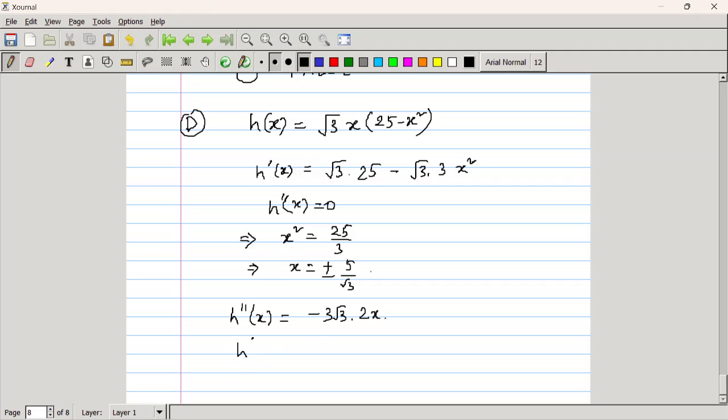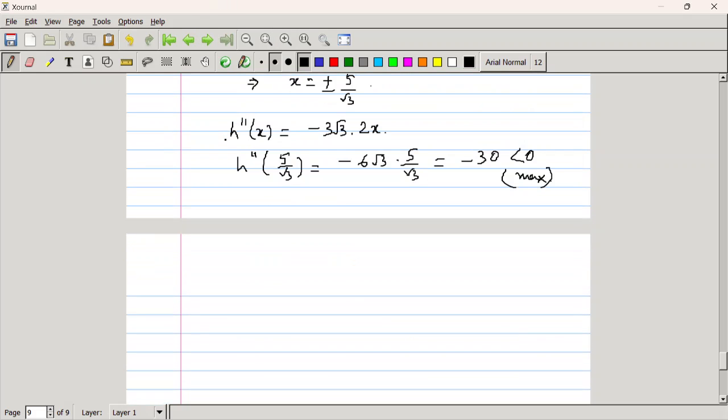So h double prime at plus 5 by root 3 gives me minus 6 root 3 into 5 by root 3, that is minus 30. So that gives you negative, that means maximum. So I will consider only the 5 by root 3 part. Now I will find the value of h at 5 by root 3 and see if it gives 25 or not. If it is greater than 25, then option D is also false.